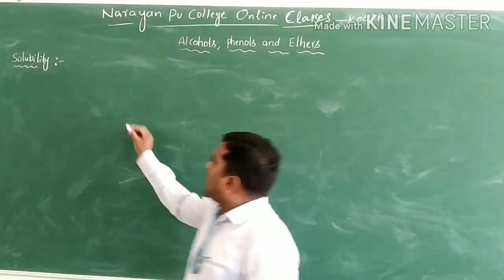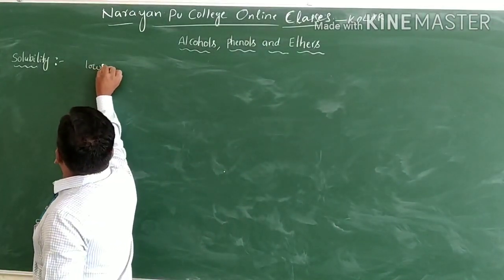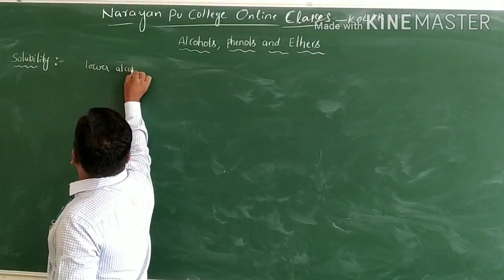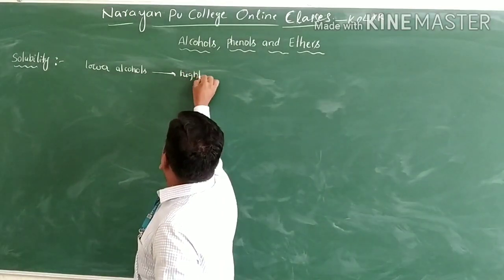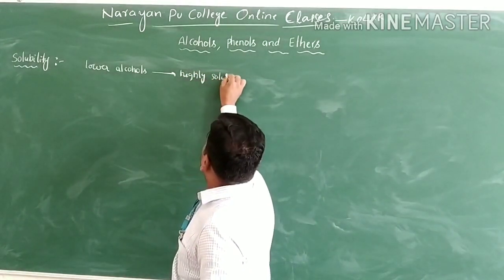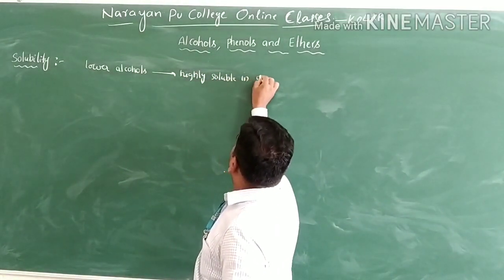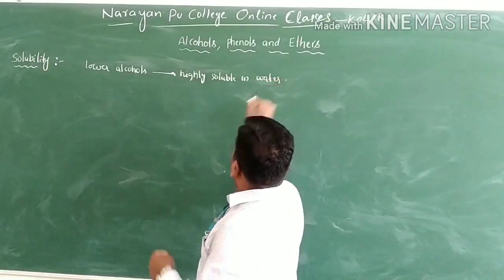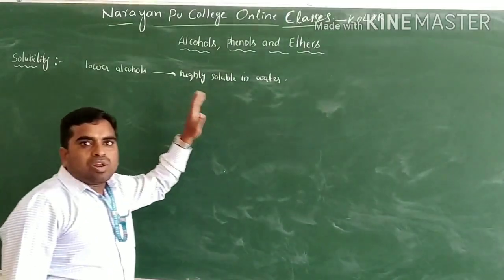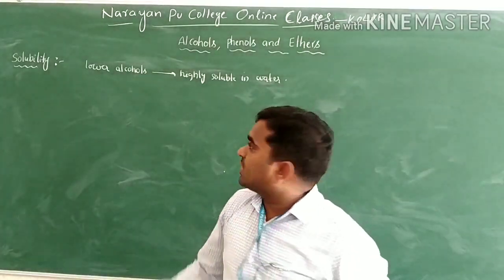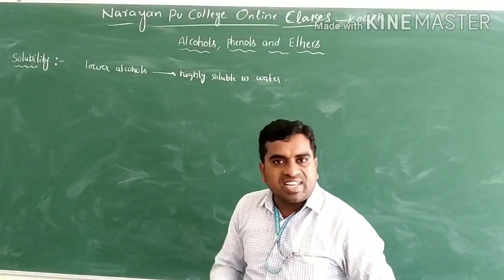Lower alcohols are highly soluble in water. As the molecular mass increases, the solubility of alcohols decreases.